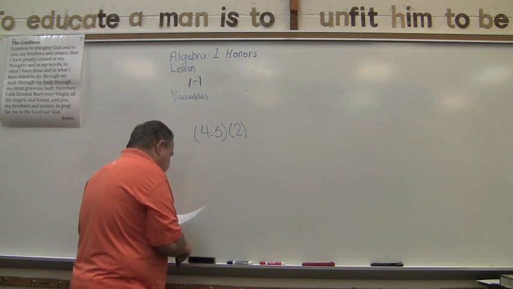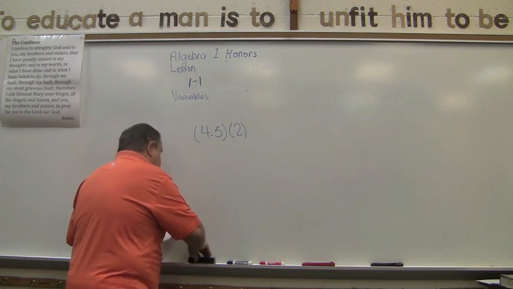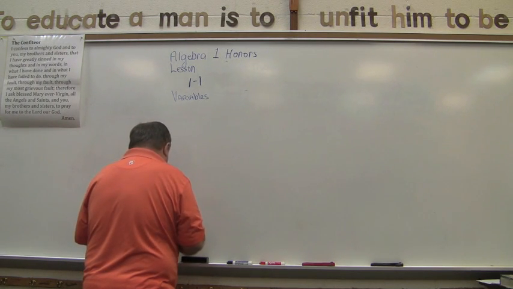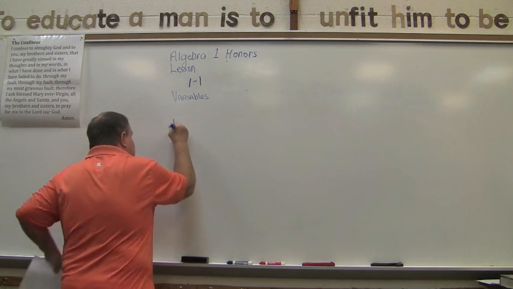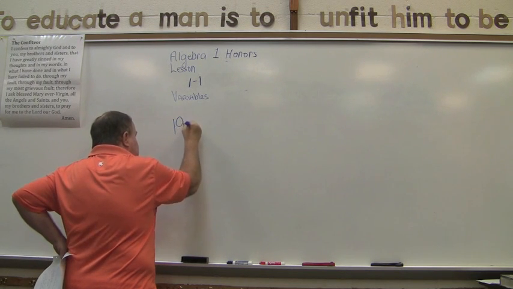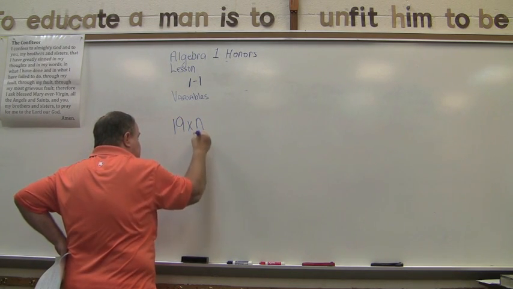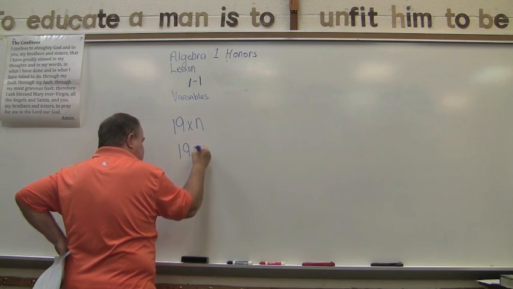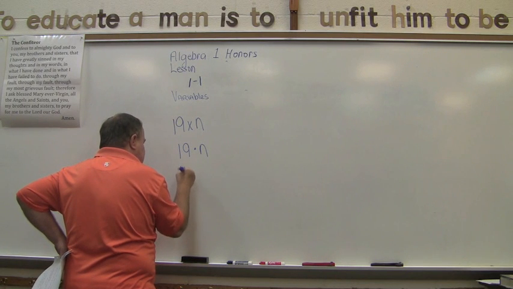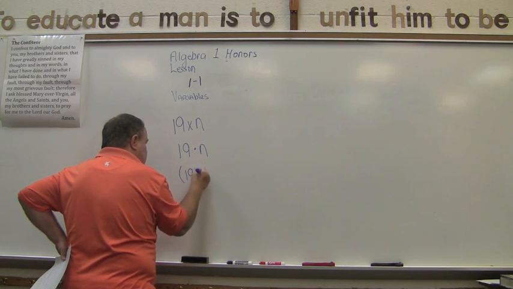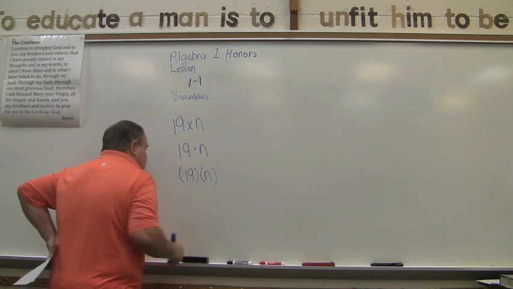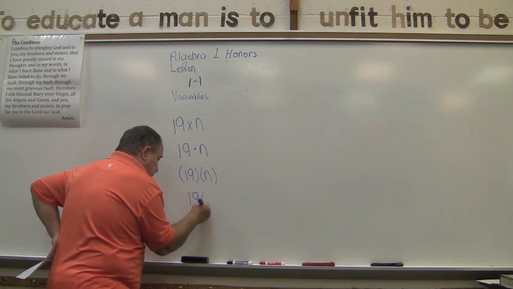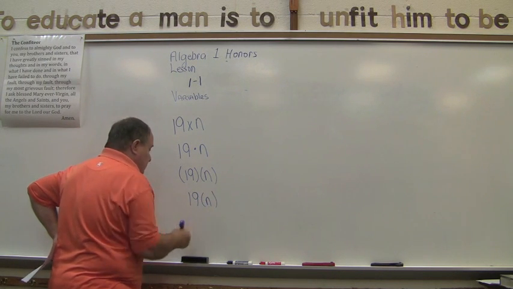Now, when we talk about variables, I already addressed this, but multiplication can be written in different ways. If I said 19 times n, I could say it with an x, or 19 dot right in the middle, n, or 19 times n with parentheses.